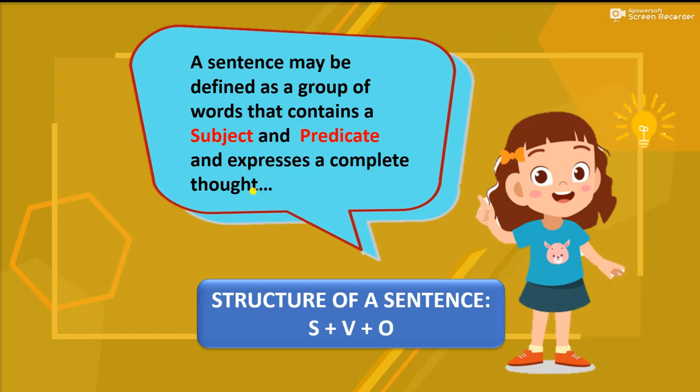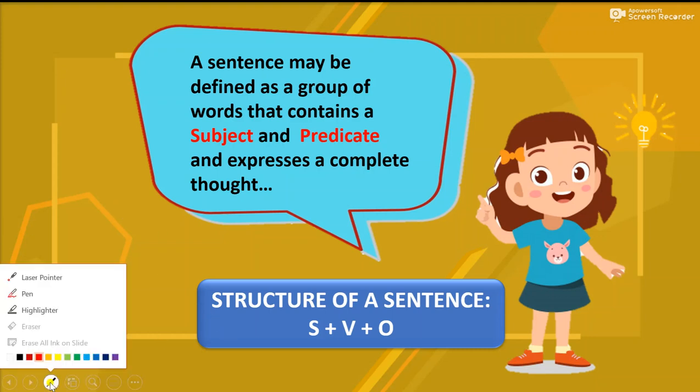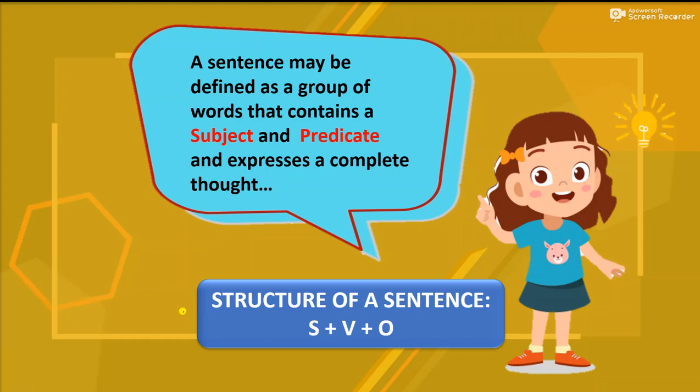From the definition, we can decode the structure of the sentence as well. The structure of any sentence is: the first part of the sentence is the subject. After the subject, next follows the verb, that is our action word, and after the action word we have the object.